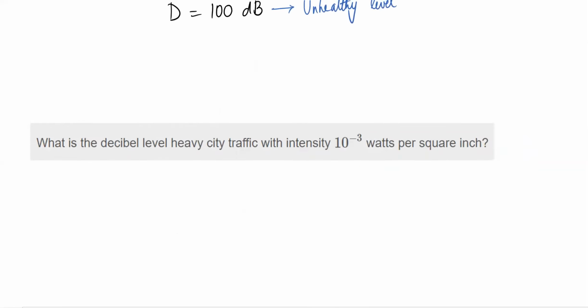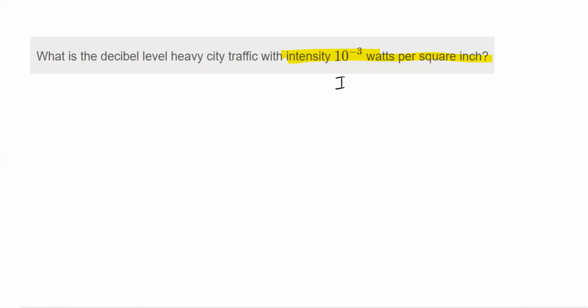Let's look at this problem. What is the decibel level of heavy city traffic with intensity 10 power negative 3 watts per square inch? Again, intensity is given to us. We're asked to find the decibel level. D is missing. Let's write the formula.